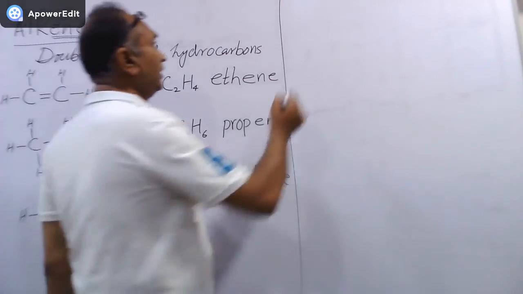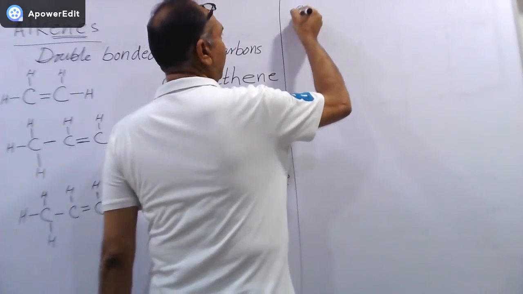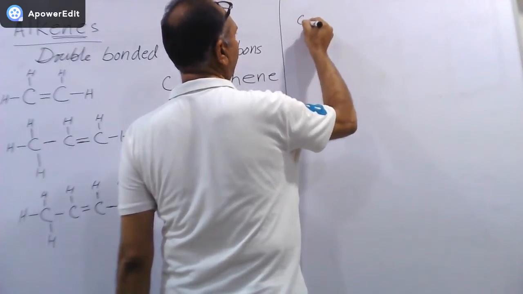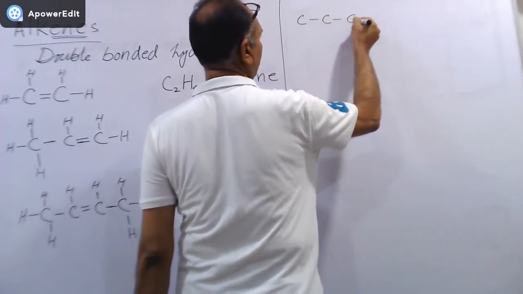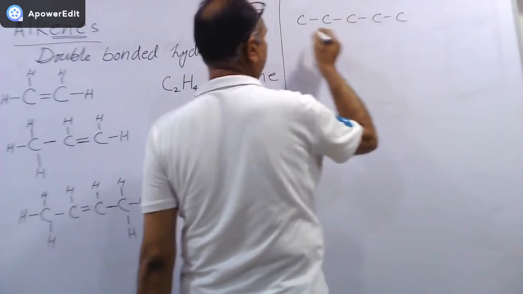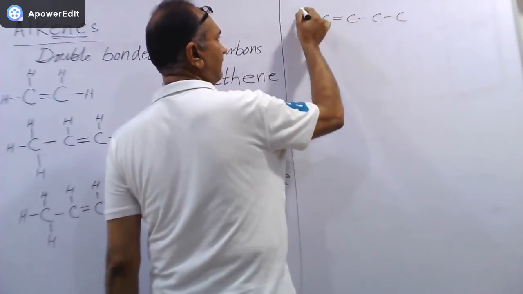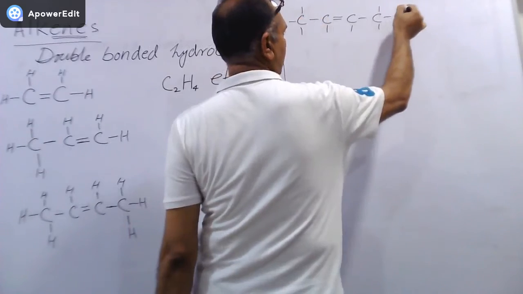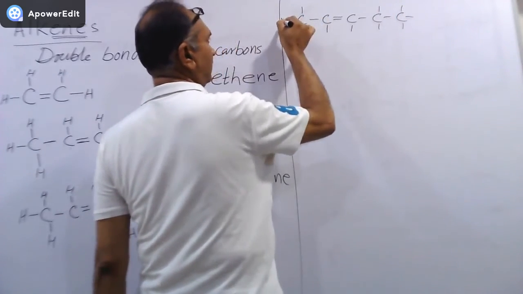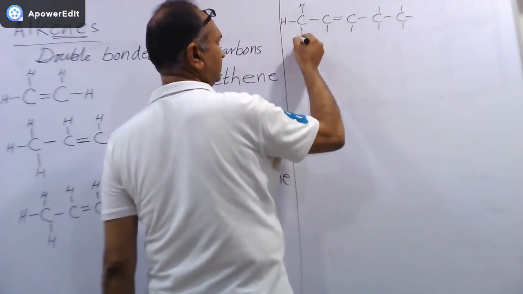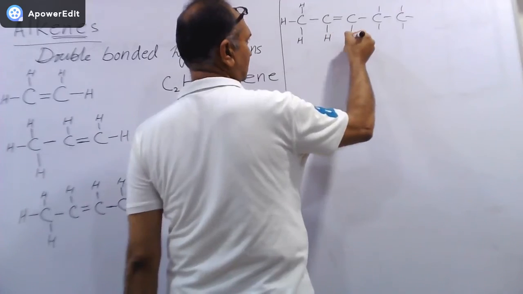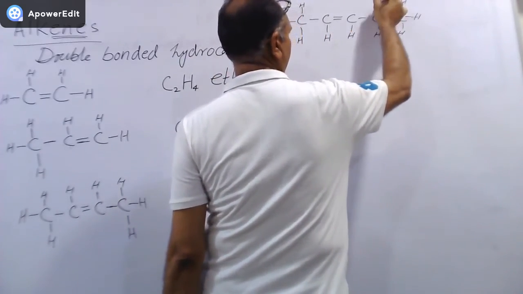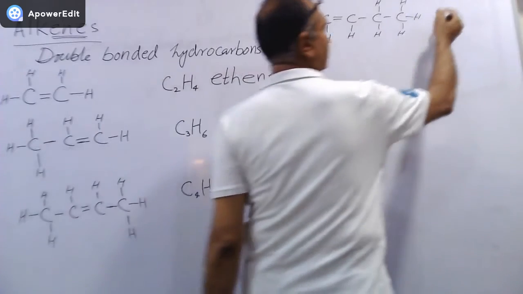Similarly, we can draw 5 carbons having a double bond anywhere. Hydrogens. C5.